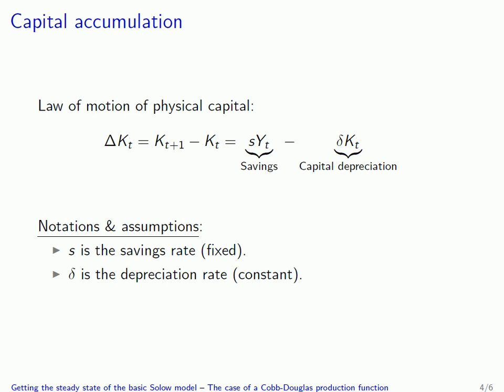In each period a fraction delta, called the depreciation rate of capital, gets destroyed because it is used up in the production process. So here we have the full law of motion: delta k_t is s y_t minus delta k_t.